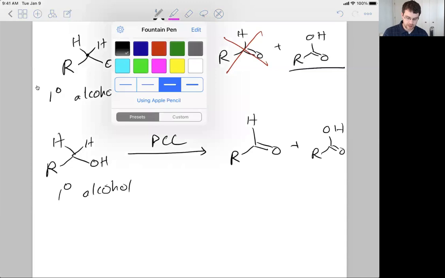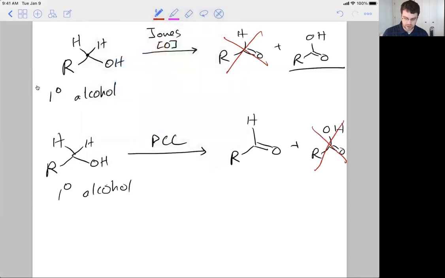So anytime you can have more options, it's always a good thing. And these are the two oxidation reactions I want us to use. We'll learn about some more in organic chemistry too, like the Swern oxidation. We'll actually do a bleach oxidation in the lab. And then in advanced organic chemistry, we'll talk about enzymes that can be used to facilitate the oxidations. But for now, it's these two harmful chromium-based oxidation conditions.